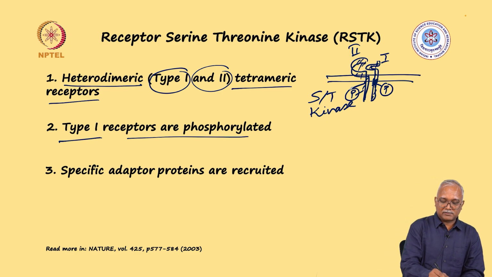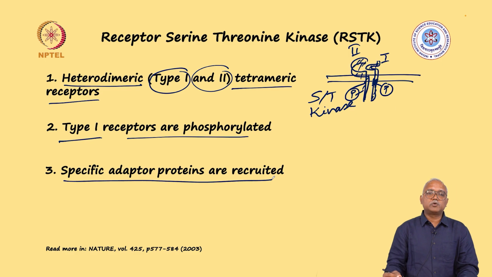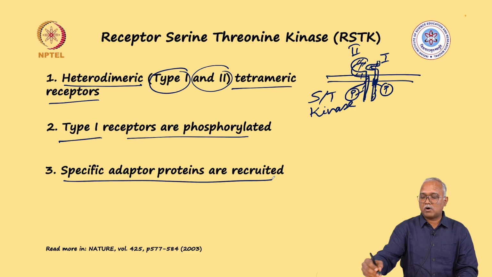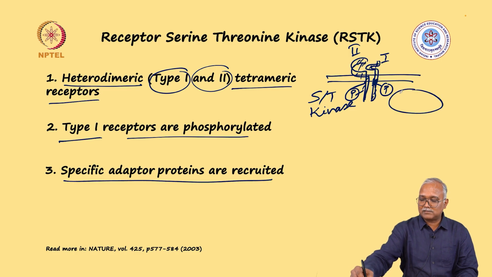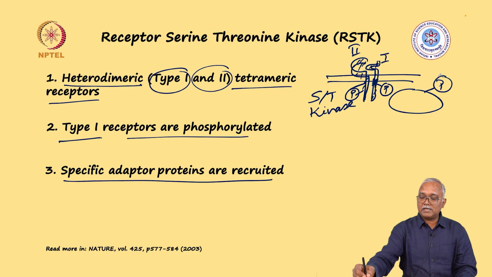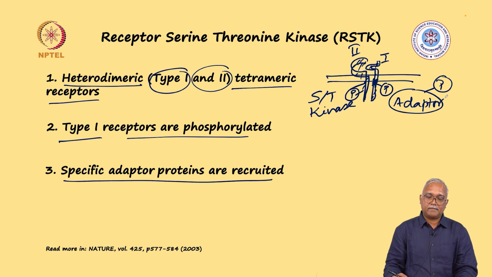Here you would need specific adapter proteins to ensure that signal is amplified. In case of plants, you saw that some RLTKs, receptor like cytoplasmic kinases, they were coming and getting phosphorylated. Same thing will happen here. You will need an adapter molecule which will come in the vicinity and get phosphorylated.